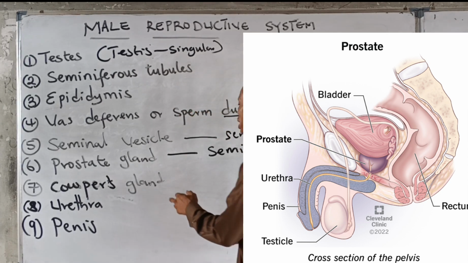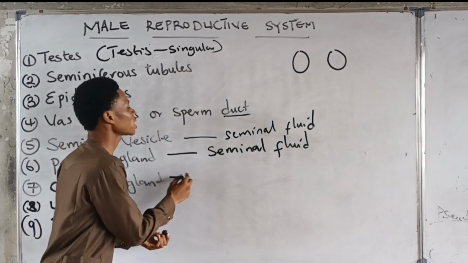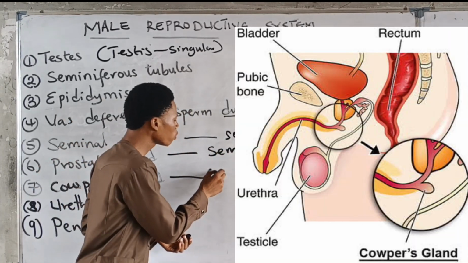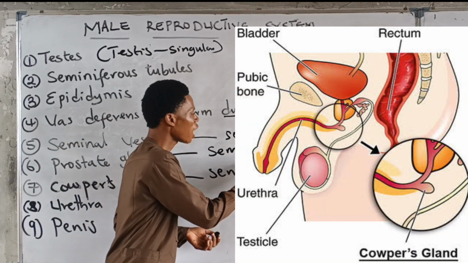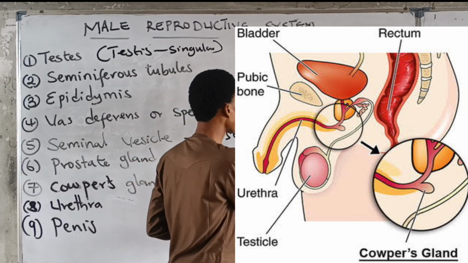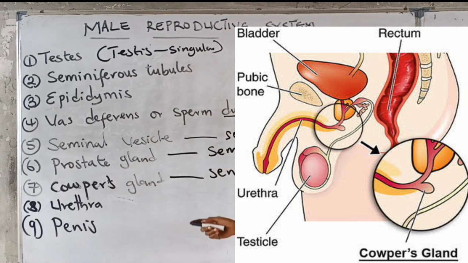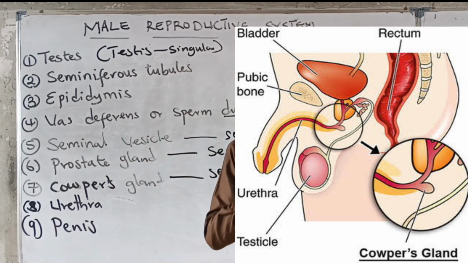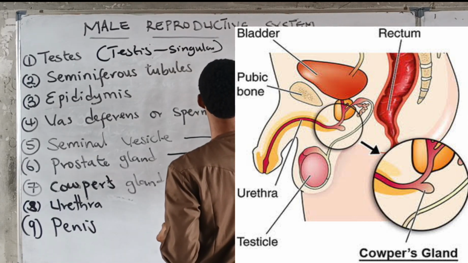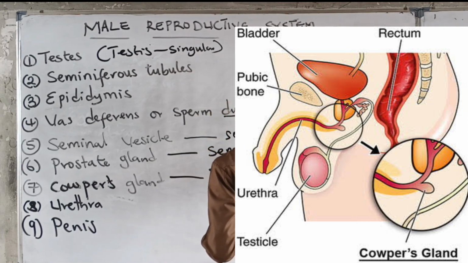If you go to the Cowper's gland now, the Cowper's gland still produces what? Seminal fluid. And the seminal fluid produced by the Cowper's gland is a fluid that, when released into now the female reproductive system medium, is always acidic, very acidic. And you know, in pH scale, we have 0 to 7 to 14, right?